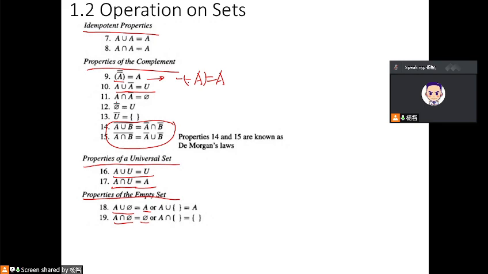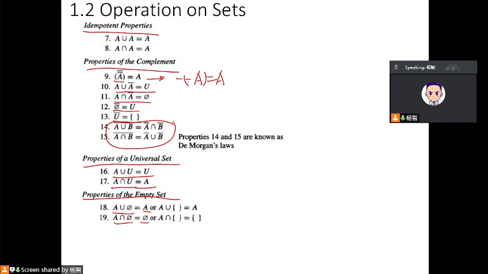And the intersection between A and the complement of A is equal to empty set. And the complement of empty set is equal to universal set. The complement of universal set is equal to empty set.